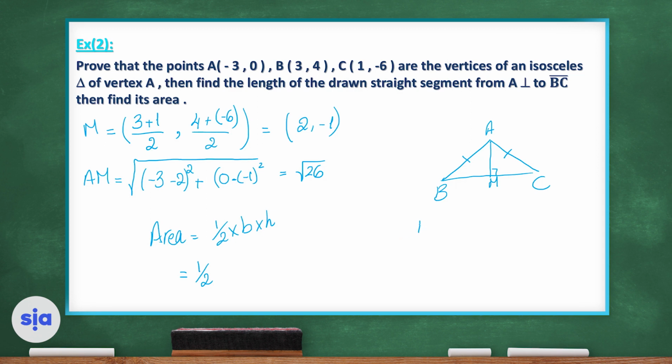So here we'll find BC equals square root of 3 minus 1 squared plus 0 minus -6 squared. It's 2 square root of 10. So here, the area is half times 2 square root of 10 times the height, which is AM, that is square root of 26. If you do your calculations, the area of this triangle will be 4 square root of 15 units squared.